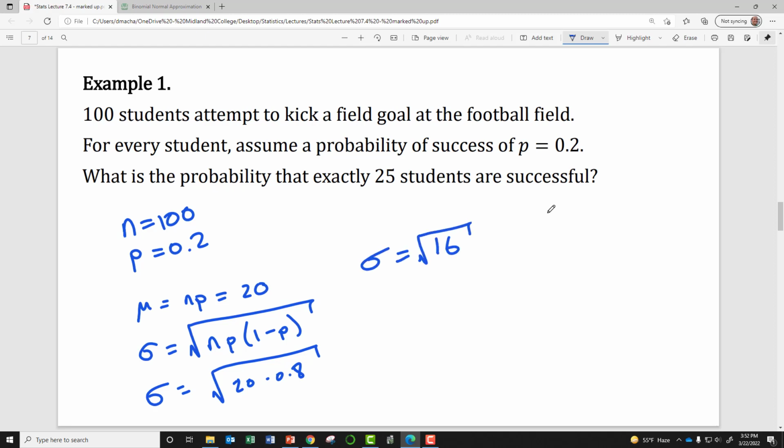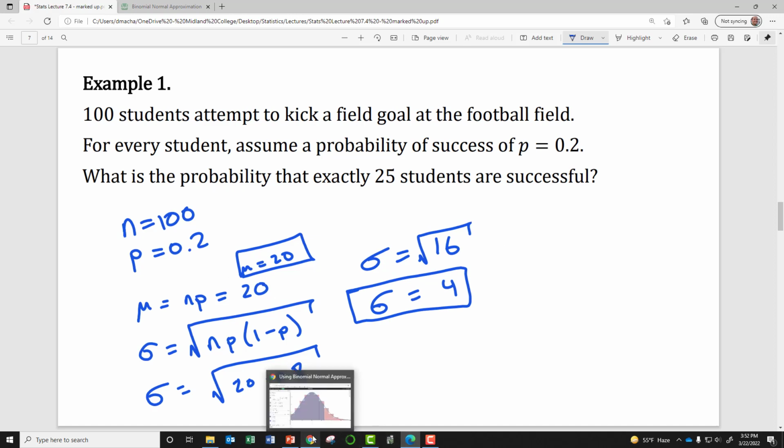So square root of 16, and so that tells me my standard deviation is 4. So I'm looking for a normal distribution with mean equal to 20 and standard deviation equal to 4. That's going to be the normal distribution I'll use to approximate this binomial distribution.